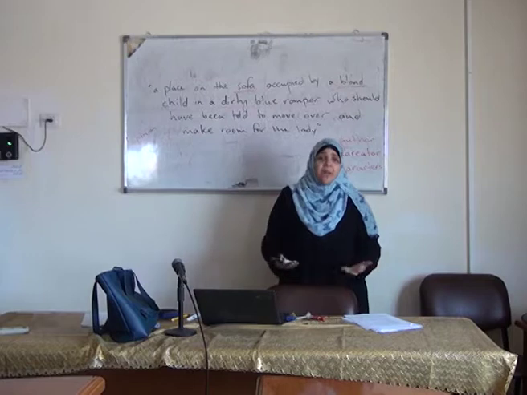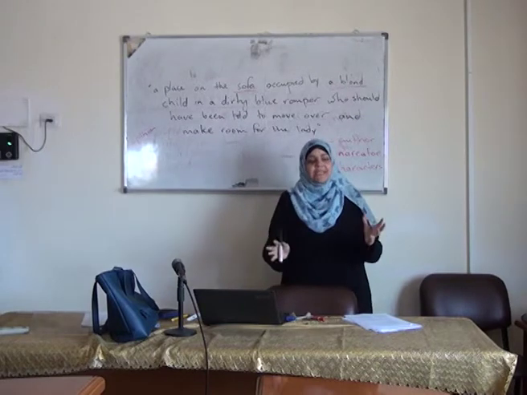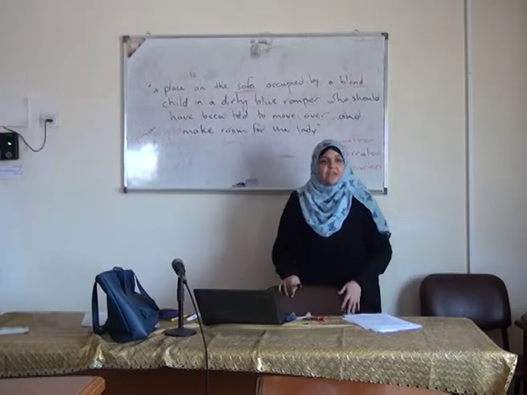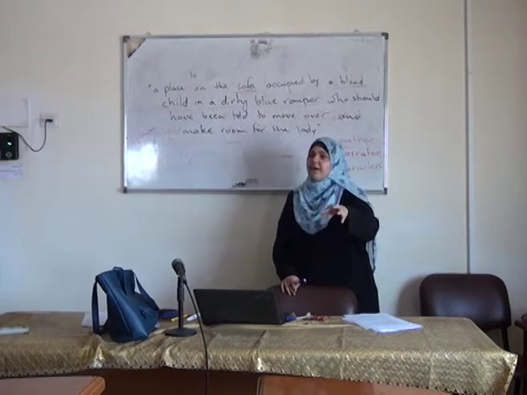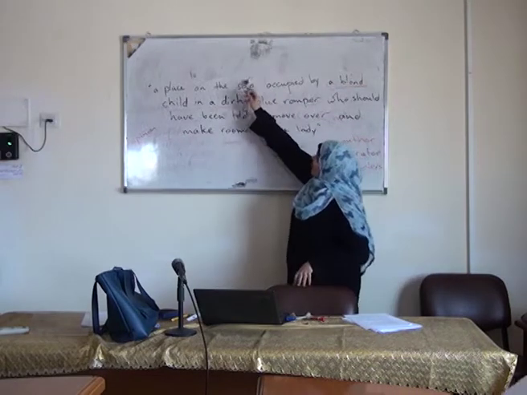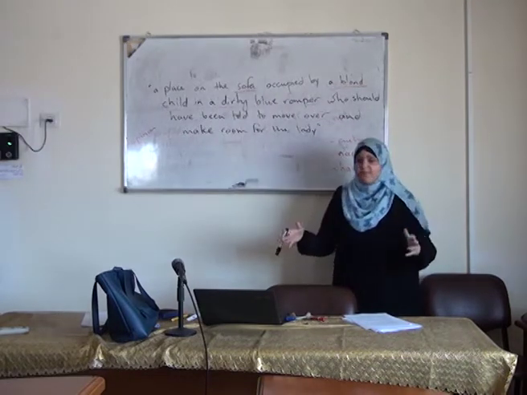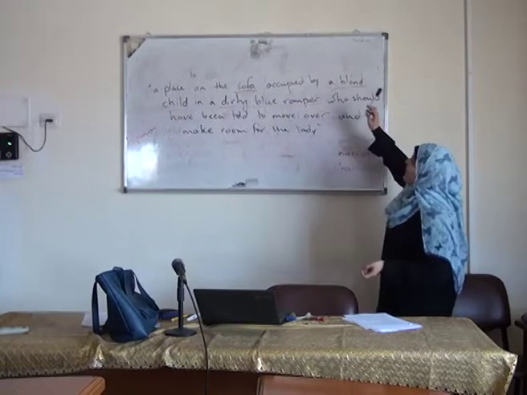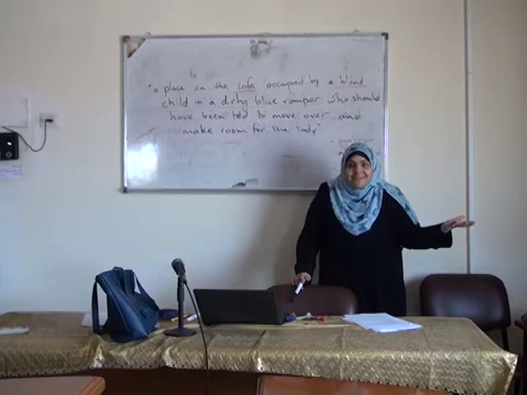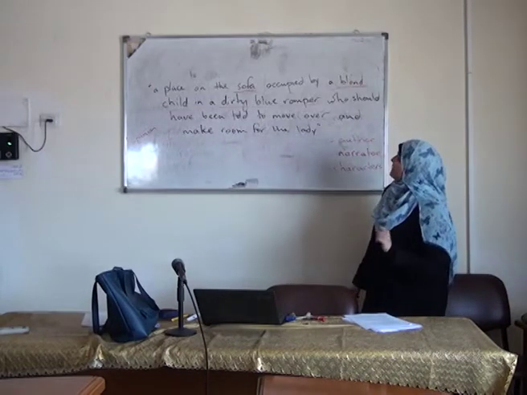But the common way of doing it is you describe the place and then you move on to any inanimate objects, a table, a chair, etc. And then you move on to the character. Okay? So a place on the sofa, we know that there's a sofa in the room, occupied by a blonde child, so we know that he's blonde. In a dirty blue romper.